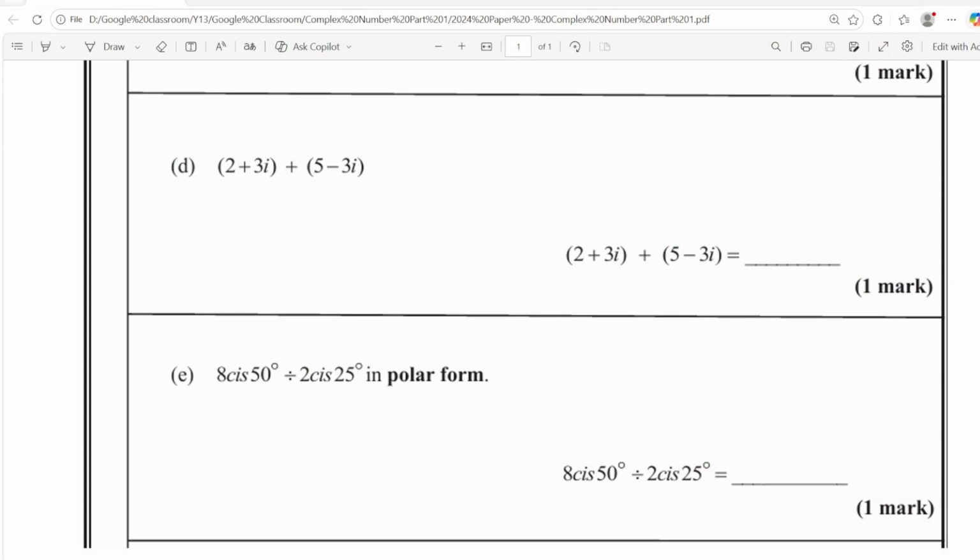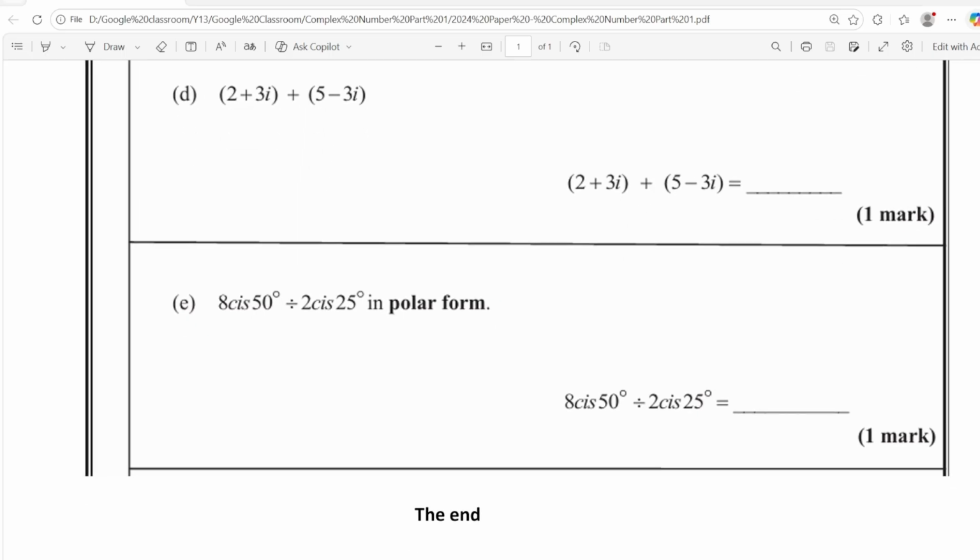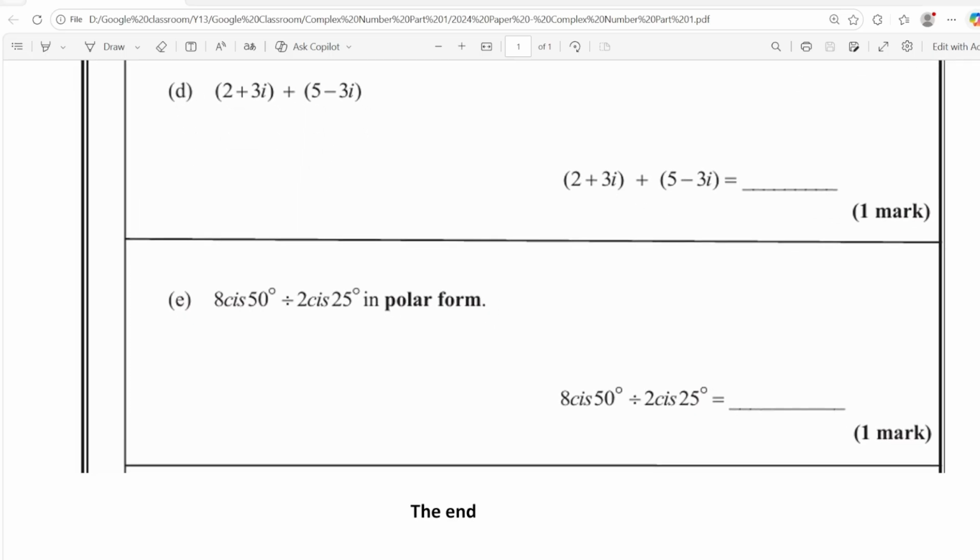Part E. What is the value of 8 cis 50? I'll just write the question down: 8 cis 50 divided by 2 cis 25, in polar form.